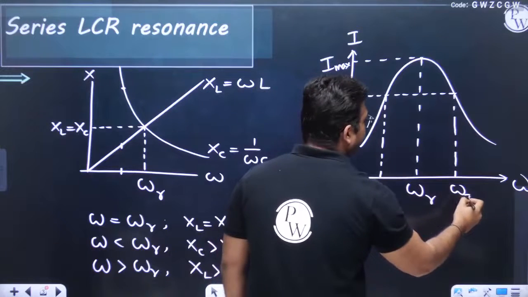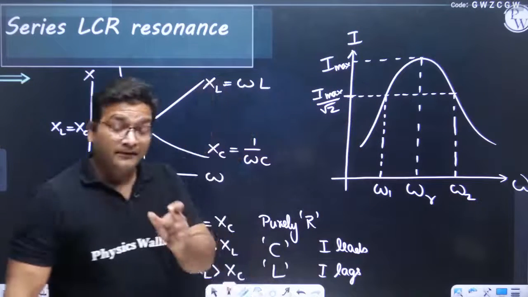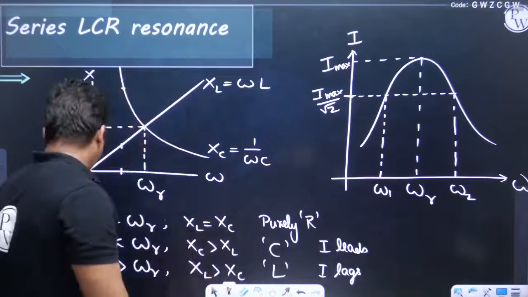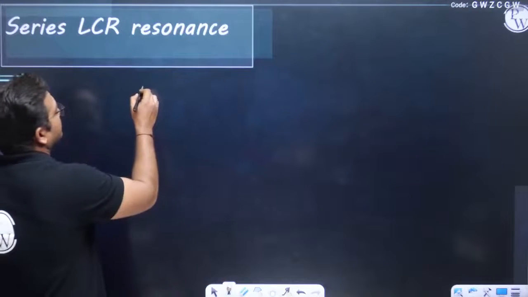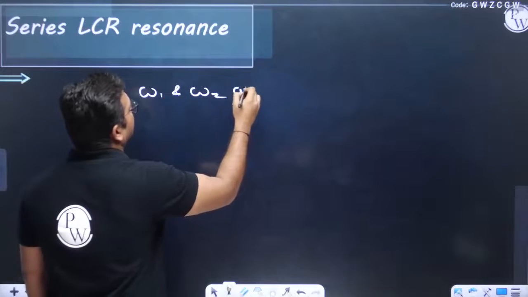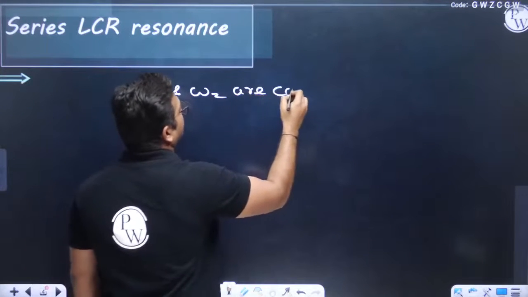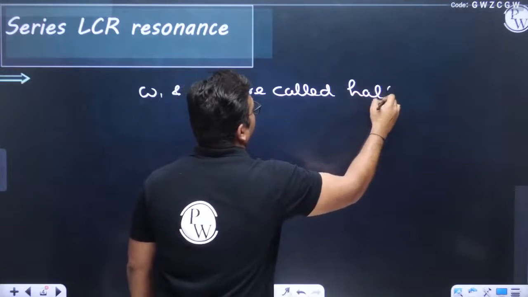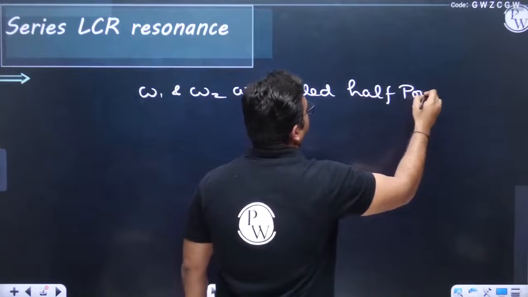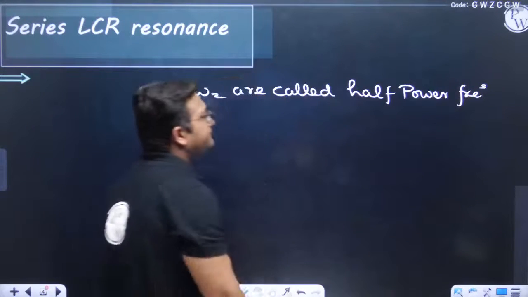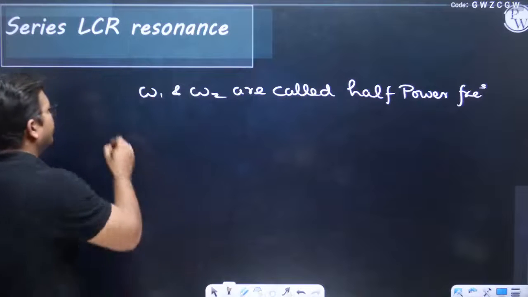These omega 1 and omega 2 are called half power frequencies.